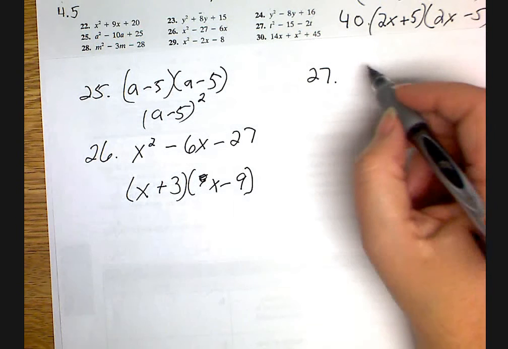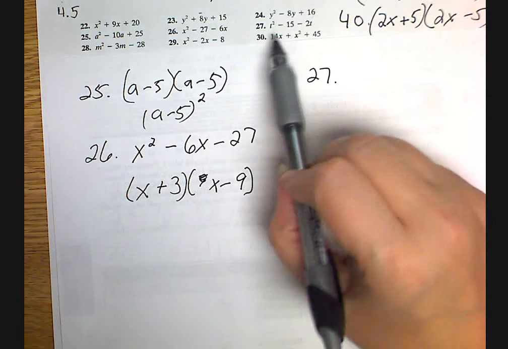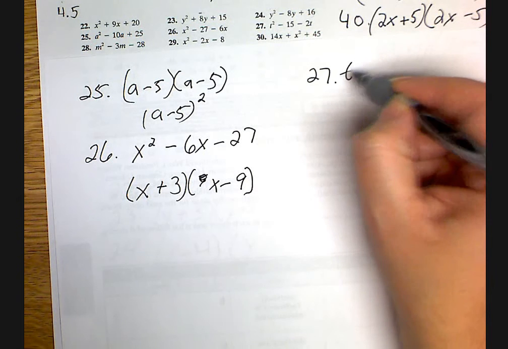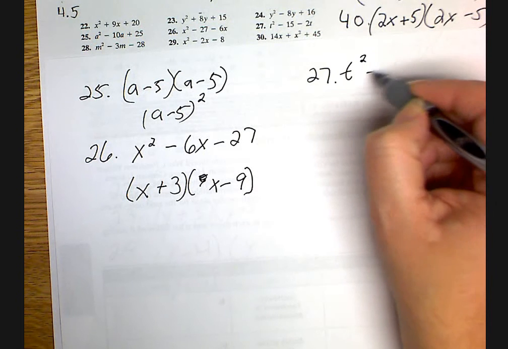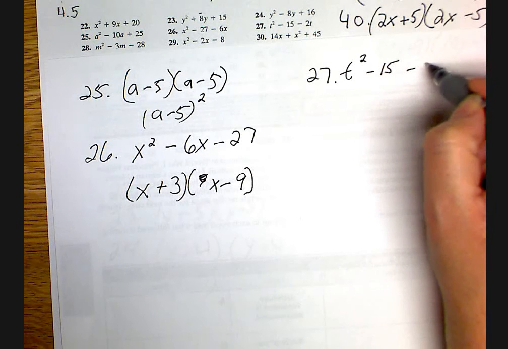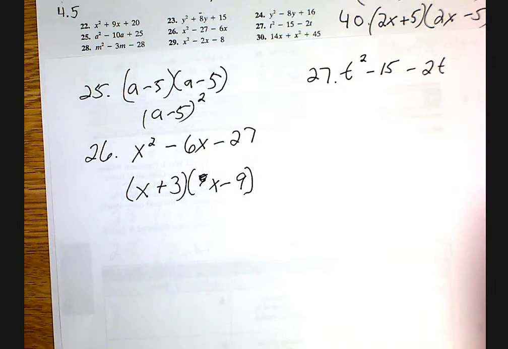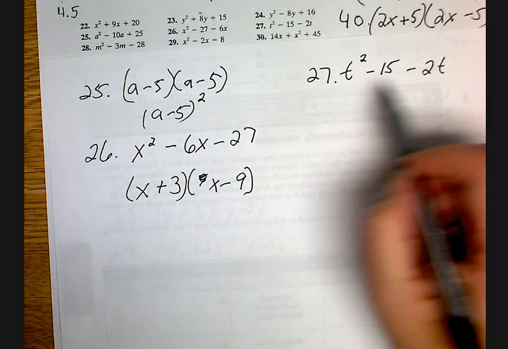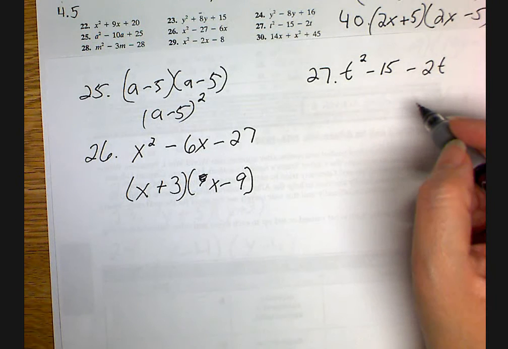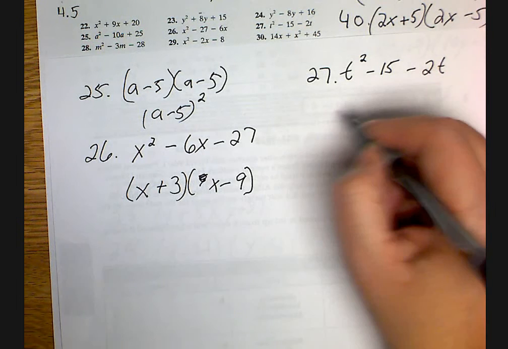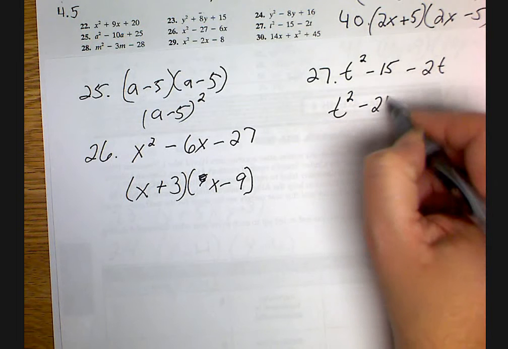All right. So 27, the first we have here, the problem was t squared minus 15 minus 2t, right? So first thing we have to do is put it in descending order. So I'm going to go t squared minus 2t minus 15.